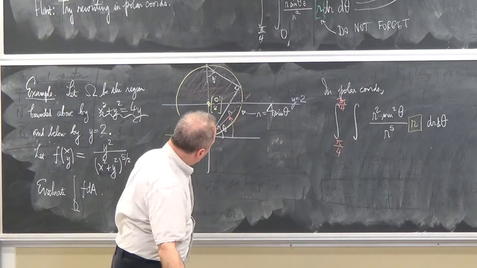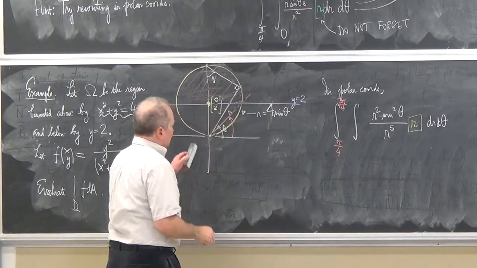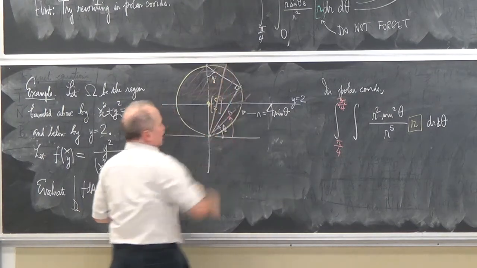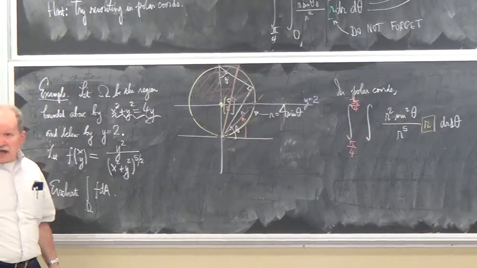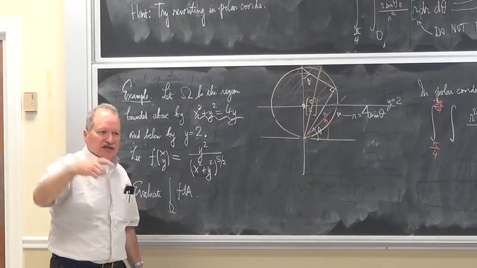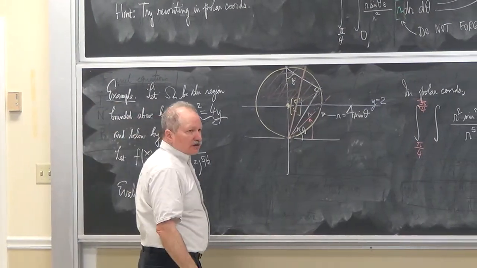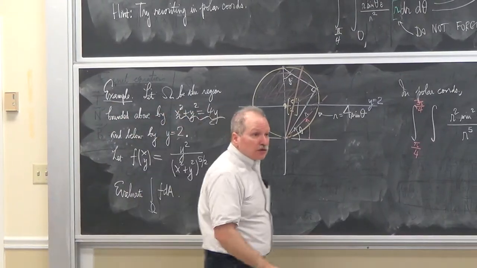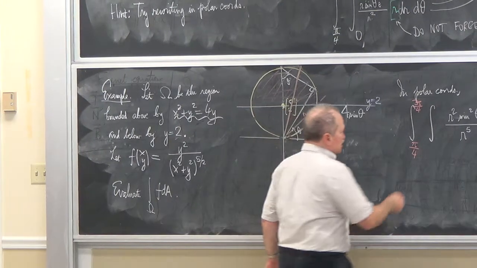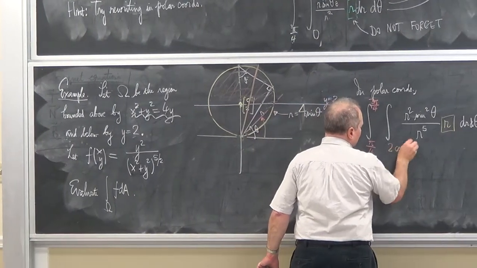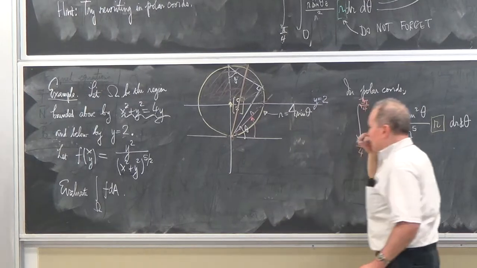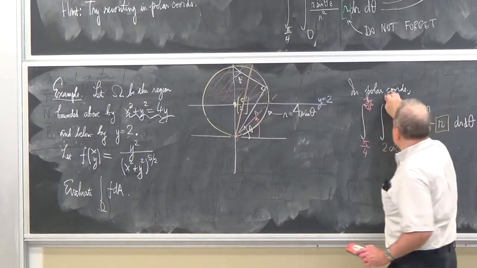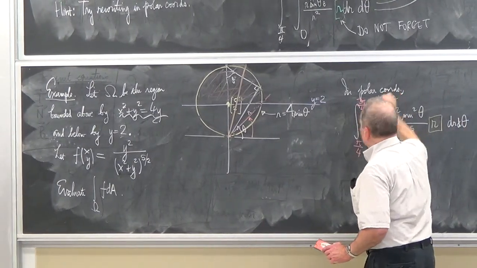And then you go through the same game: fix an arbitrary theta in between. Where does that ray enter the region? Where does it exit? It enters at 2 cosecant theta and exits at 4 sine theta. Everybody with us?